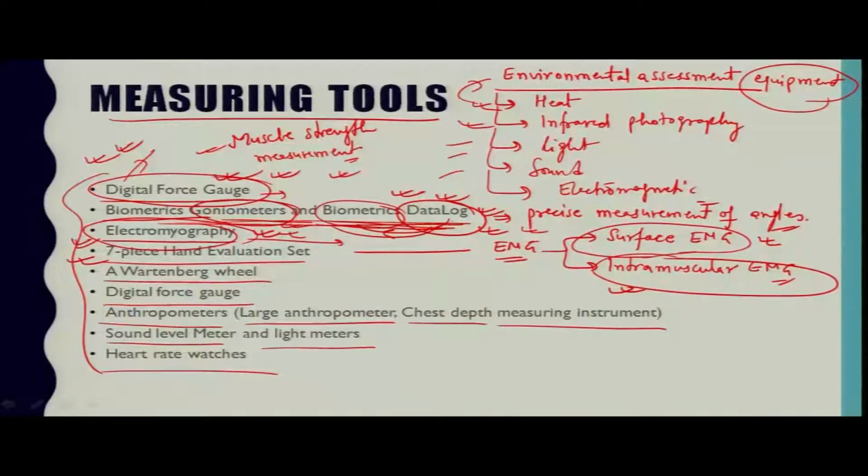Another tool is a 7-piece hand evaluation set. It is nothing but a set of several equipments for hand strength evaluation. The hand evaluation set is used for hand strength evaluation.